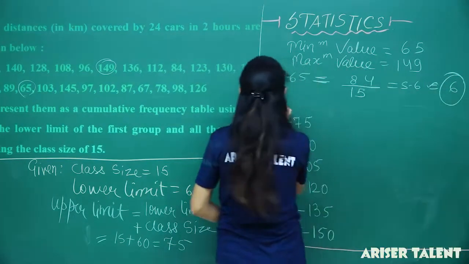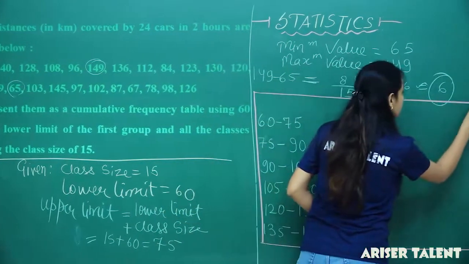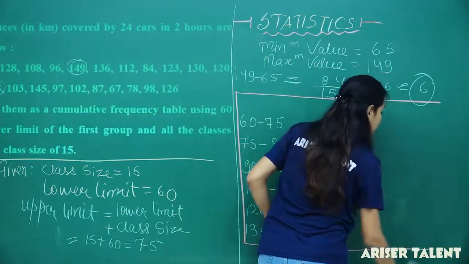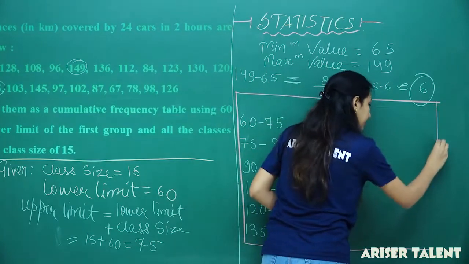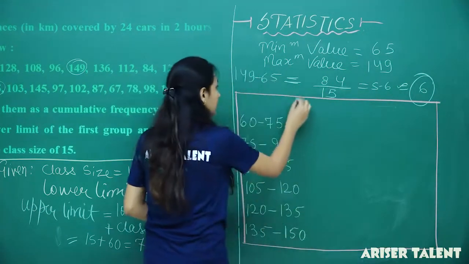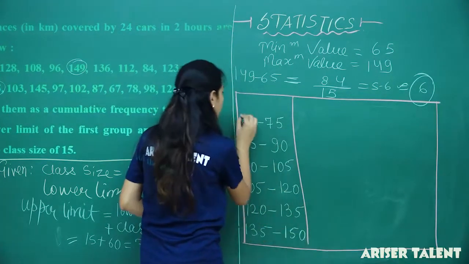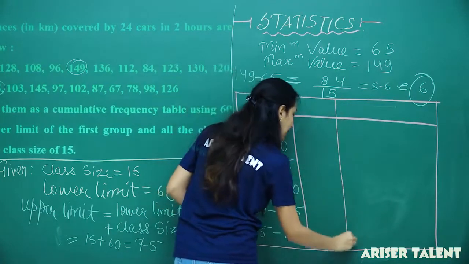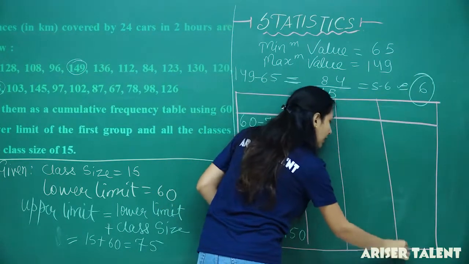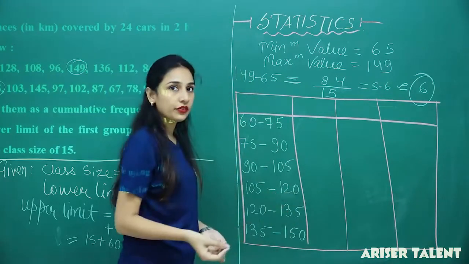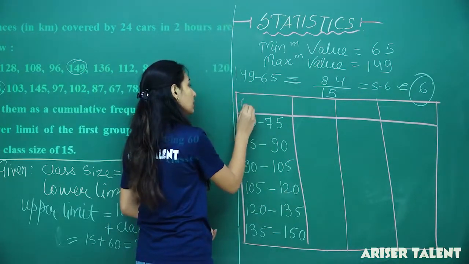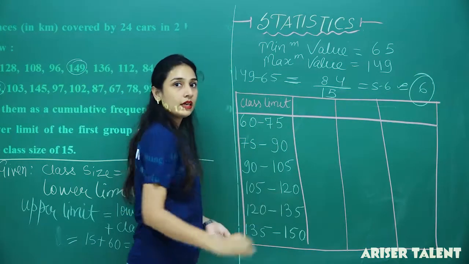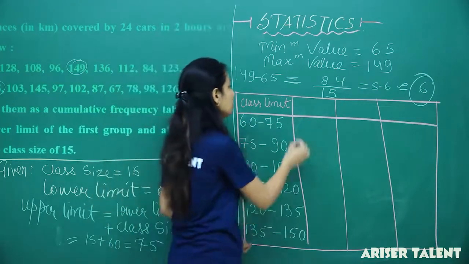So we'll have that table right there. Now, how many columns do we have to make? This is the tally column, this is the frequency column, and this is the cumulative frequency column. So this is the class limits, and the second one is tally.